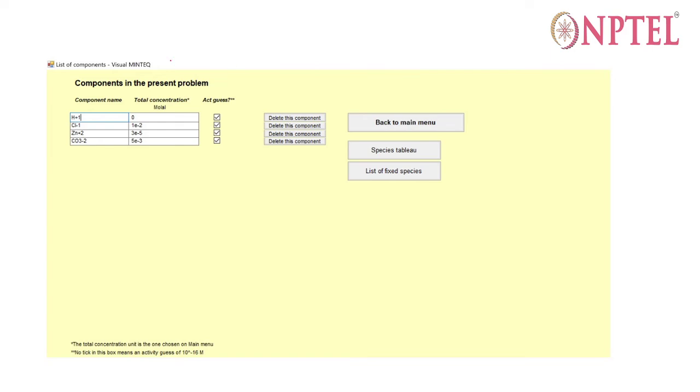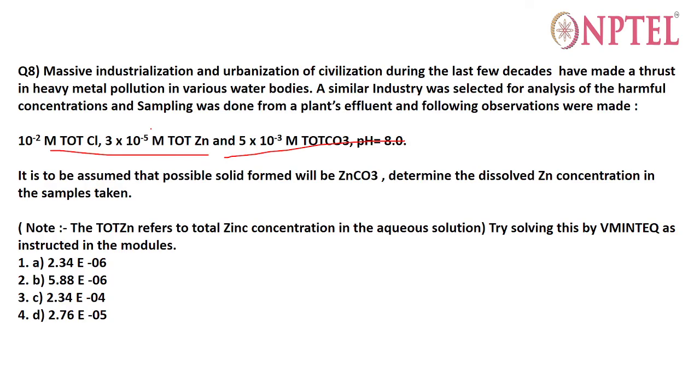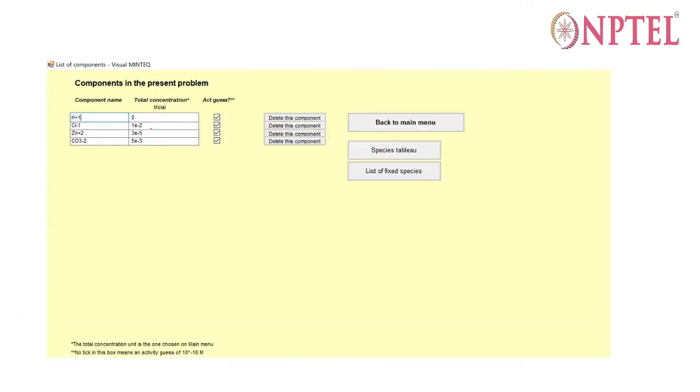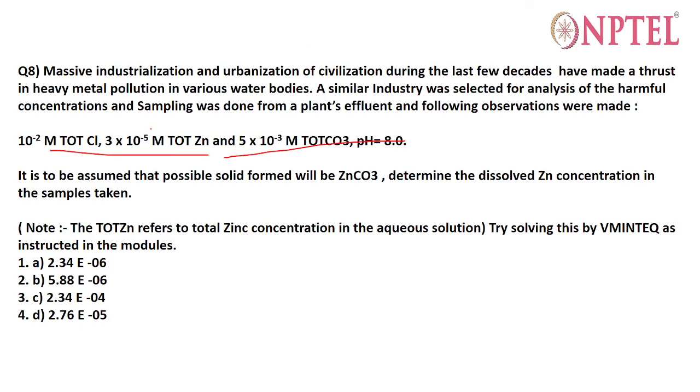I'll check. Yes, the chlorine concentration is, how much was it? 3 into 10 to the power minus 5, right? And Zn, 5 into 10 to the power minus 3.